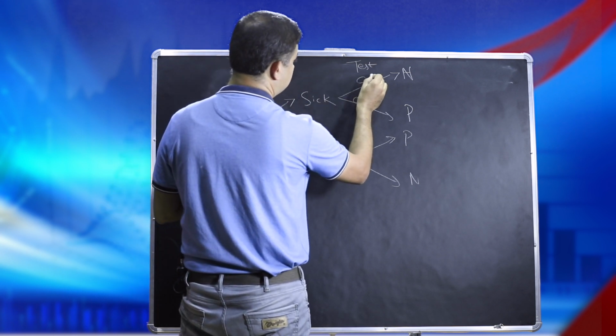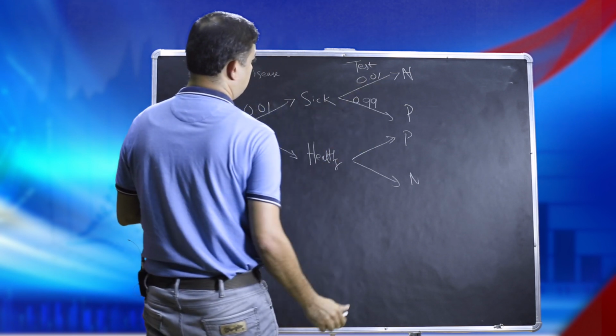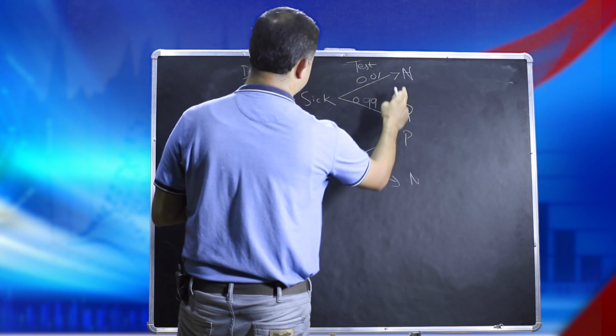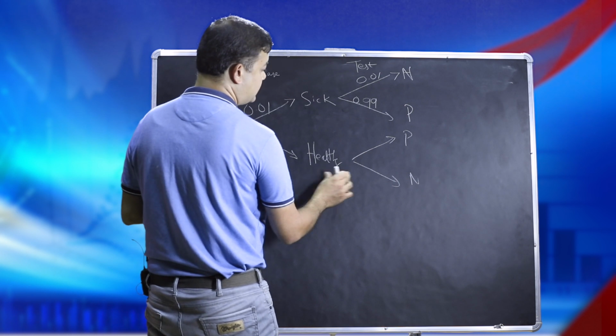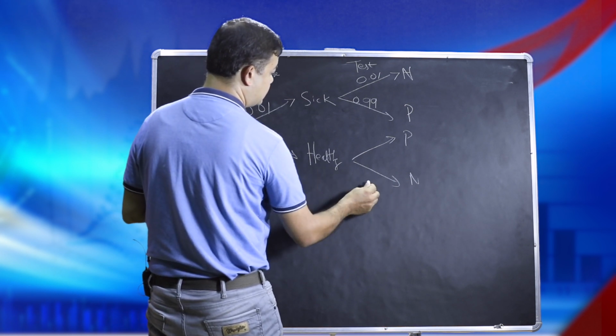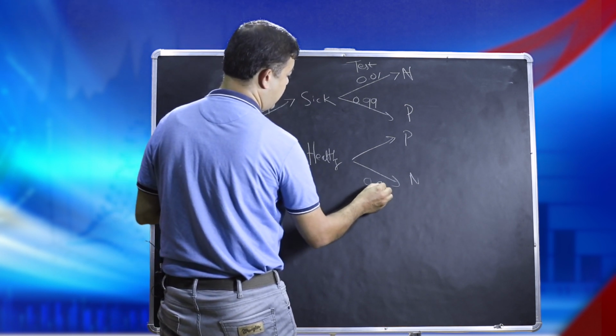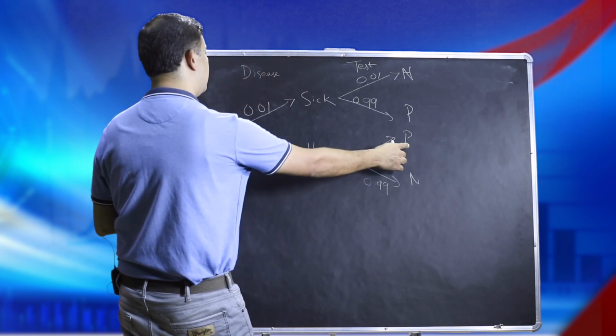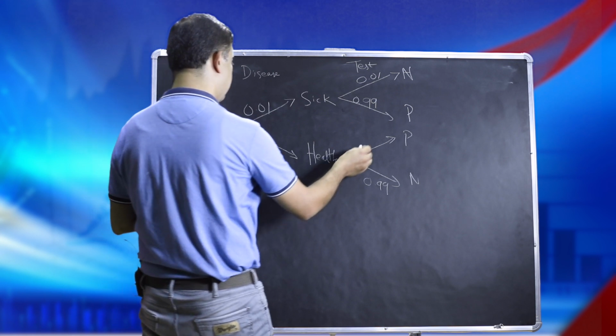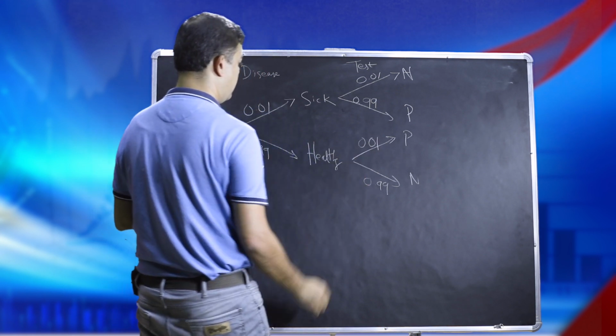The rest is 0.01, that is the false negative, it is negative for the sick people, right. Now for the healthy, the test says negative for the majority, so that is 0.99. So this is true negative, while this is basically false positive. False positive is again 0.01, right.